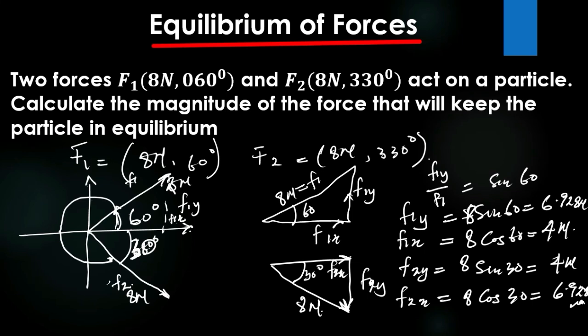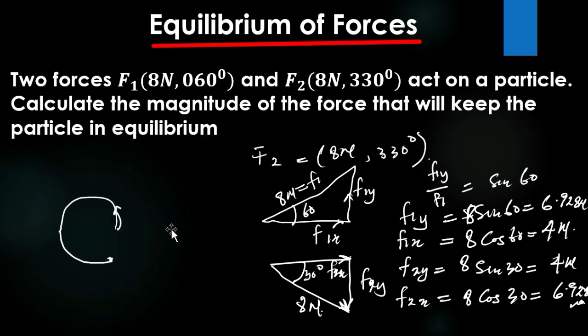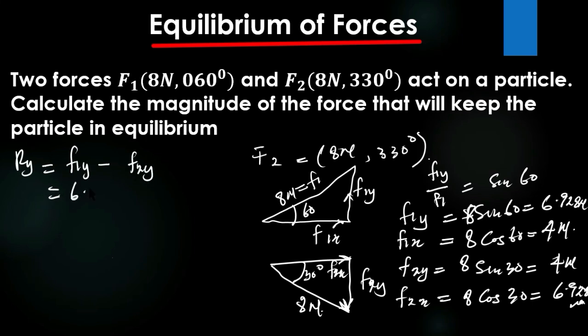Now let's pick our resultant forces. Let me just create space here. To pick my resultant force, for y, let's call that Ry. Ry, the resultant for y, will be F1y, because F1y is in the positive direction, minus F2y. That equals 6.928 minus 4 Newton, which is equal to 2.928.